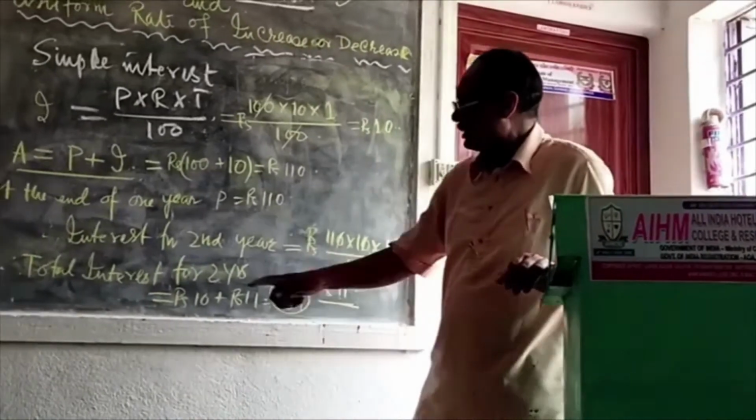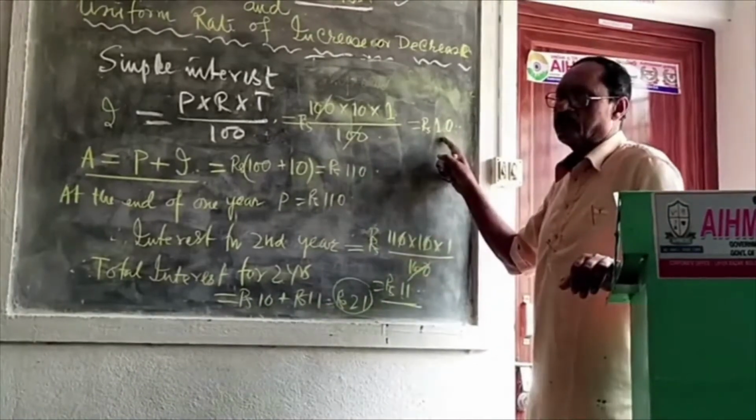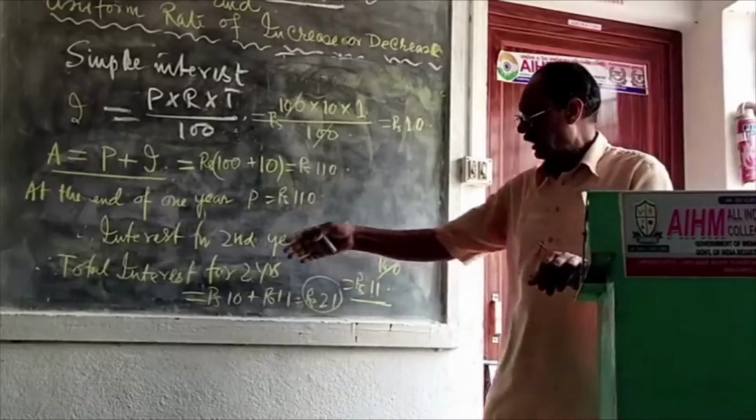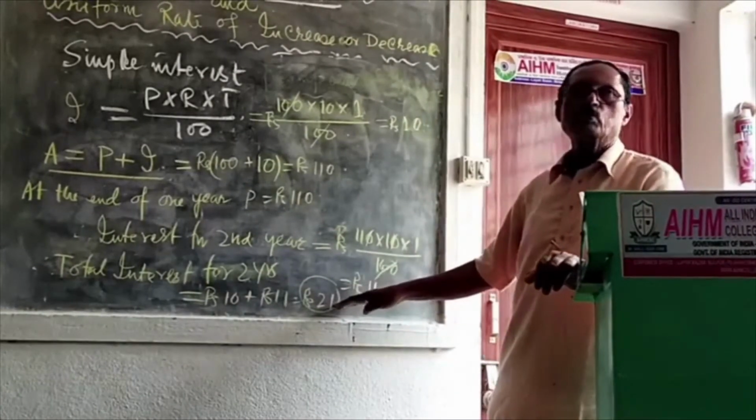So the total interest for those 2 years: the first year the interest we got is rupees 10, and the second year the interest is rupees 11. So at the end of the second year, the interest incurred is rupees 21.